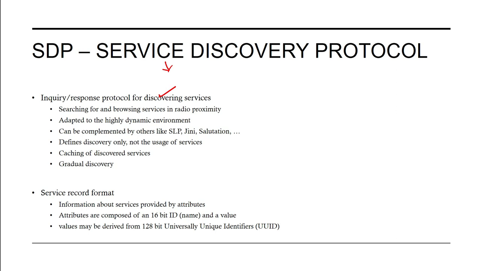The service discovery protocol is only for discovery purposes, not for authentication. So it does not provide any authentication. It searches for and browses device services in a radio proximity and is adapted to the highly dynamic environment. It defines the discovery only and not the usage of services.